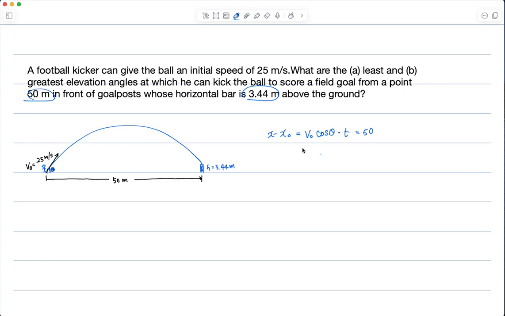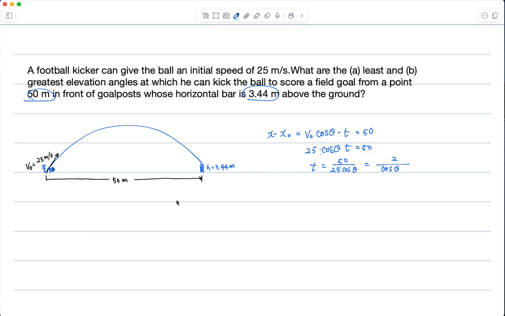So 25 meters per second times cosine theta, which we don't know, times t equals 50. From there we can calculate the time as 50 divided by 25 cosine theta, which simplifies to 2 over cosine theta.